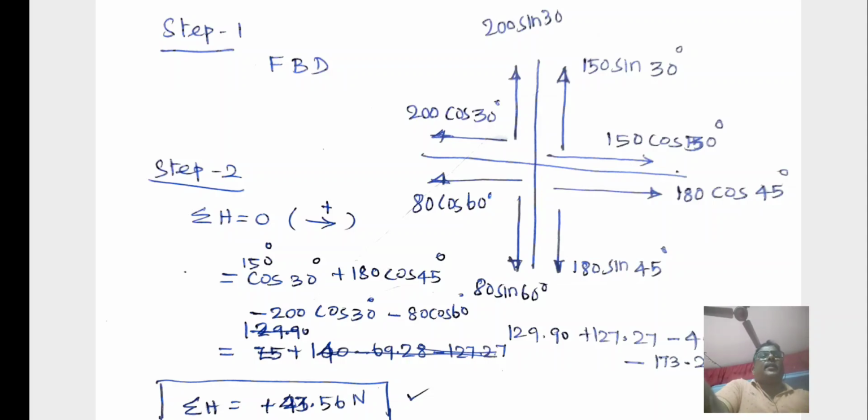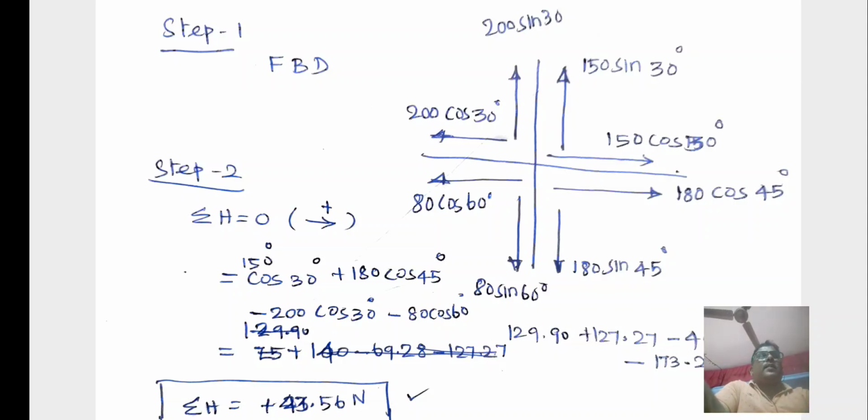And 80 cos 60 acts in the opposite direction, so minus. See the symbols: sigma H equal to 0, right side plus, left side minus. So 150 cos 30 and 180 cos 45 are positive, and 200 cos 30 and 80 cos 60 are negative.